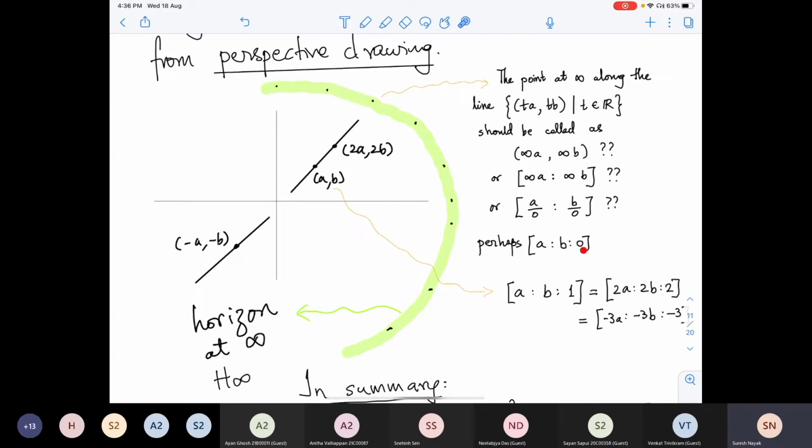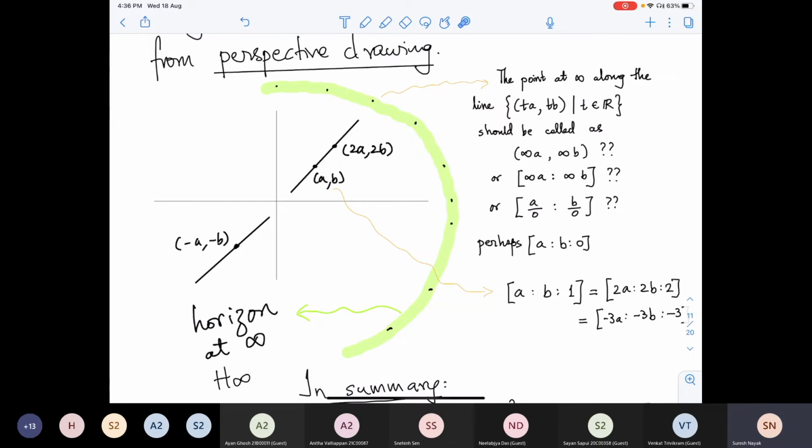Everything is an honest real number. I have used this colon symbol, and that will be our symbol for the point at infinity for this line. So that is our point at infinity, A colon B colon 0, or A ratio B ratio 0. This is a simultaneous ratio of these three numbers.